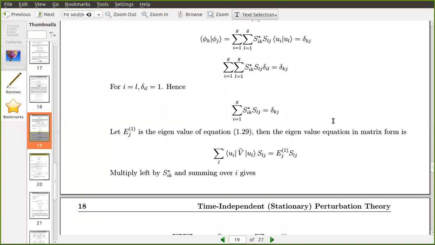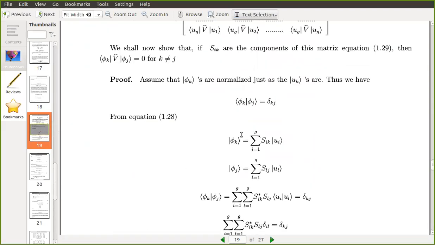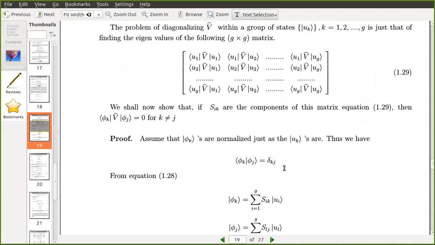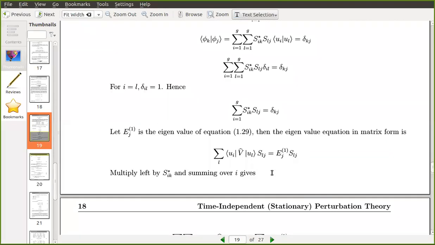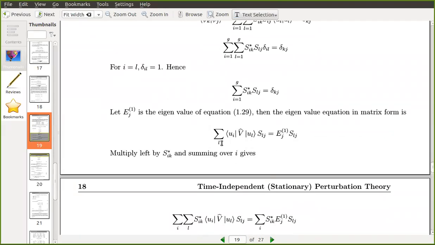Then the eigenvalue equation in matrix form is, okay, you know the eigenvalue equation, Ax equal to lambda x. Remember, this is the matrix. You write this entire matrix as an equation, sum over L of ui v ul.